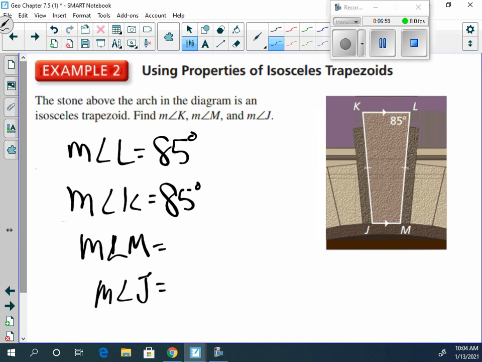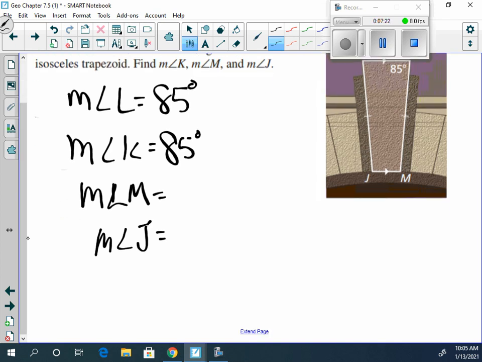Now the question is, how do we get to the measure of angle M or J? Is there anything we know that would help us get there? 360. Yes. All four of these angles add together to be 360.